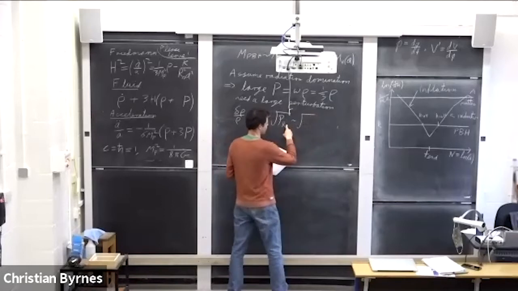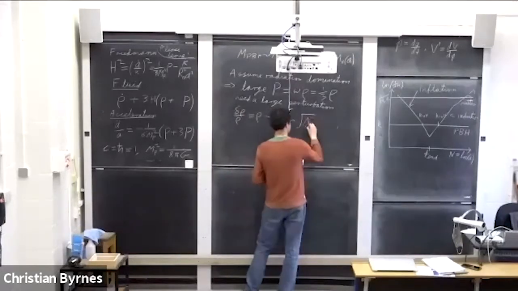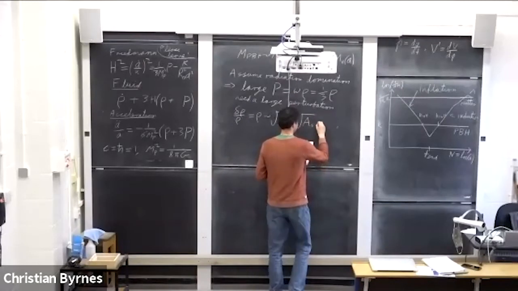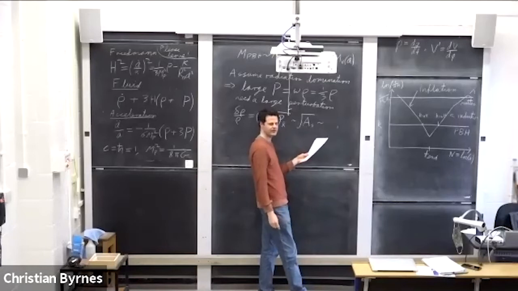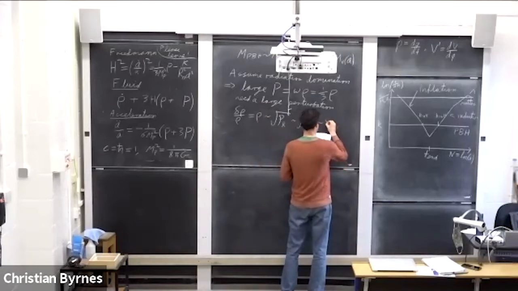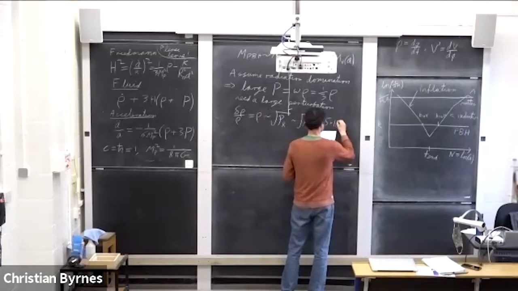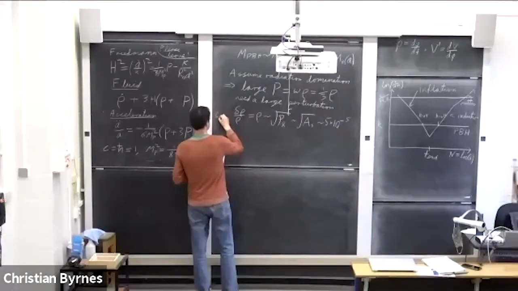So what was the amplitude of this on CMB scales? It was the amplitude A_S observed by the Planck satellite. A_S is 2 times 10 to the minus 9, take the square root, and this is 5 times 10 to the minus 5. So this was the CMB scale.